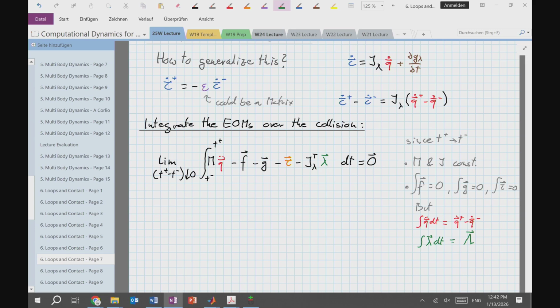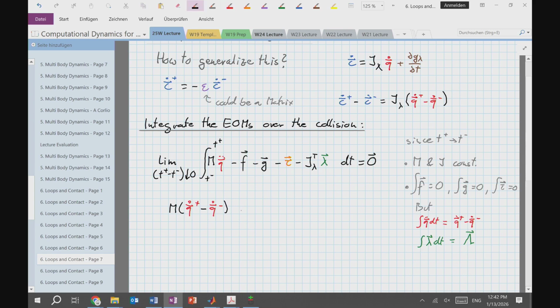Even in the limit of the duration of the integral, the width of the integral, being 0, those still have some value. So the mass matrix is constant. I can pull this out. The integral over q double dot is q dot plus minus q dot minus.